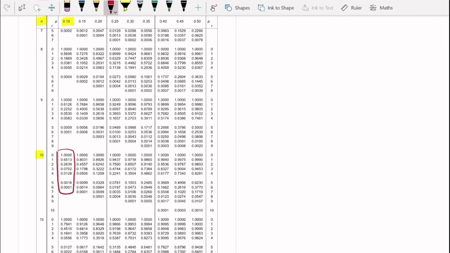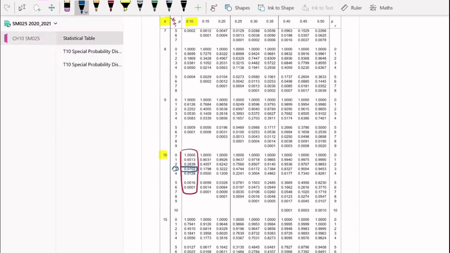And now our x equals 3, so this is the value of x. Then x equals 3 is here, and the answer is 0.0702.